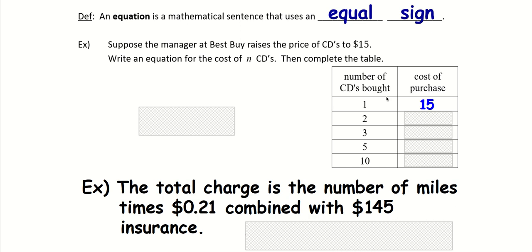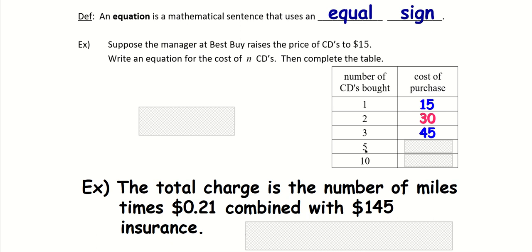Let's just assume that one CD would cost you $15, 2 CDs would cost you $30, 3 CDs, well, if each of them costs $15, hopefully you're picking up the vibe of multiplication, right? Okay, we're skipping 4.